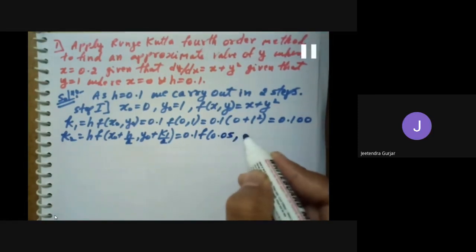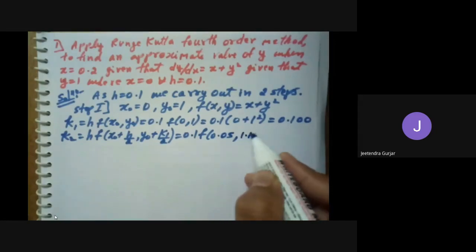Can you tell me what is y naught plus k1 upon 2? Y naught is 1. Okay, k1 is 0.1. So 1 plus 0.1 divided by 2 it is. So when you simplify this, can anyone tell me?